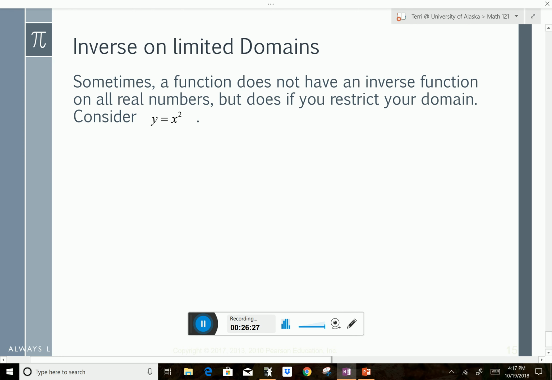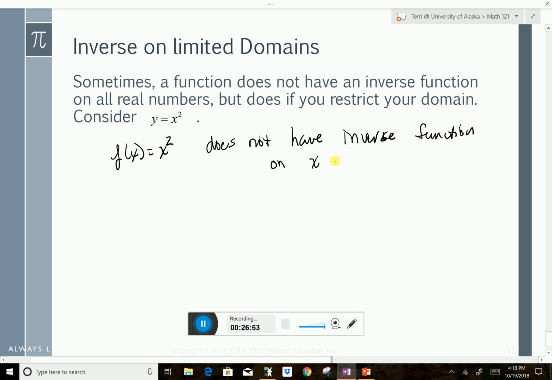So now I want to talk a little bit about inverses on limited domains. Sometimes we limit the domain of our original function f of x. If f of x equals x squared, we know this does not have an inverse function on x in all real numbers, on negative infinity to infinity, because we end up with f inverse having to be plus or minus the square root of x. We can't write it that way.